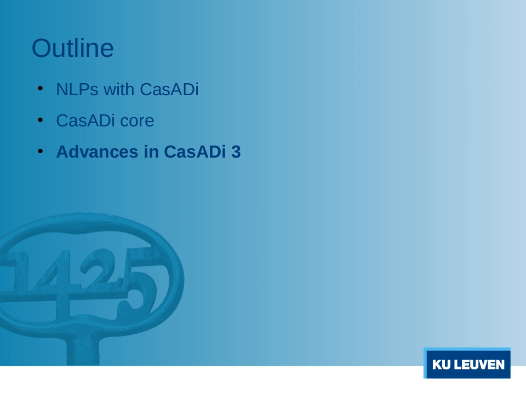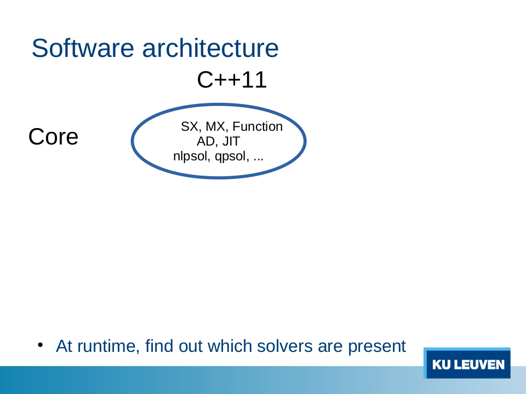Let's look now at how CasADi 3 is structured. Our code base is entirely in C++, modern C++. And we distinguish between the core and the plugins. The core is all the symbolics that I explained, algorithmic differentiation, and the constructors for NLP problems, QP problems, and so on.